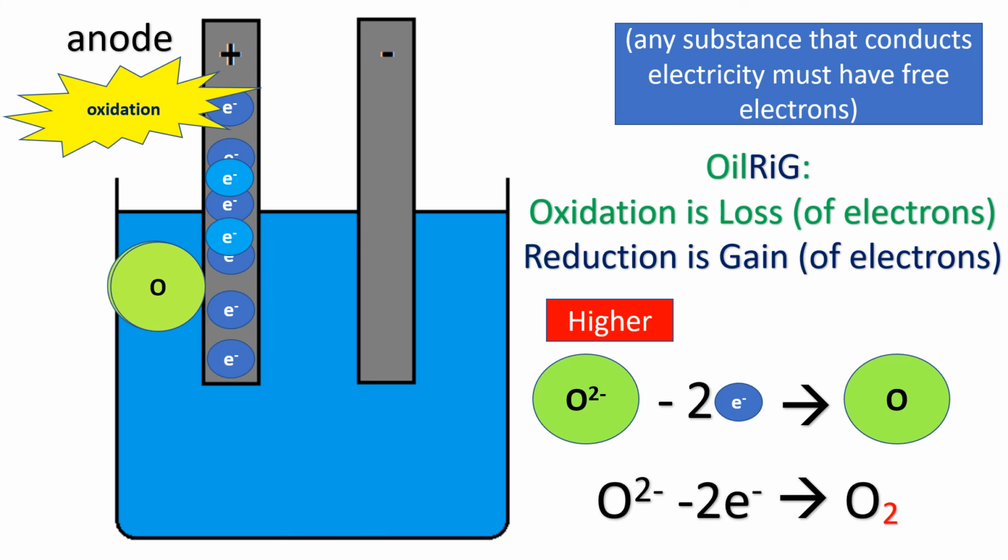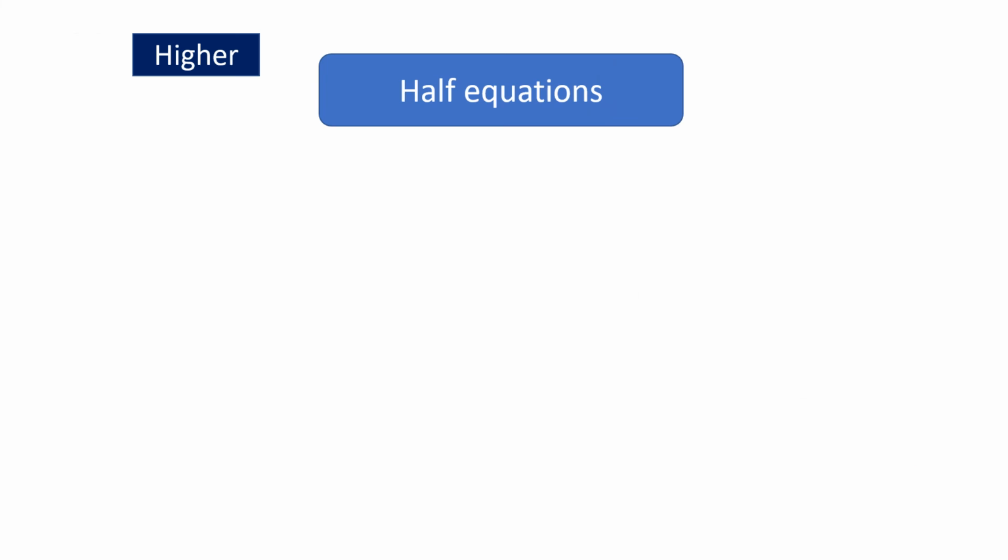So this is O2, H2, Cl2. That's oxygen, hydrogen, and any of the halogens, group 7. Now, of course, this is no longer balanced, so you'd have to go back and say, if I'm going to get 2 oxygen atoms, I need 2 oxygen ions, and I'm losing a total of 4 electrons. So that is the balanced half equation for that reaction.